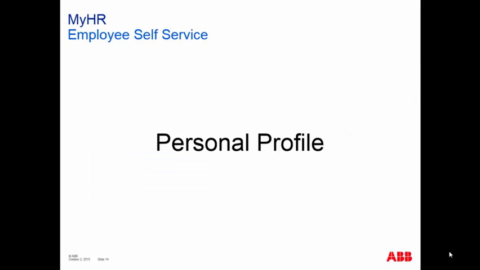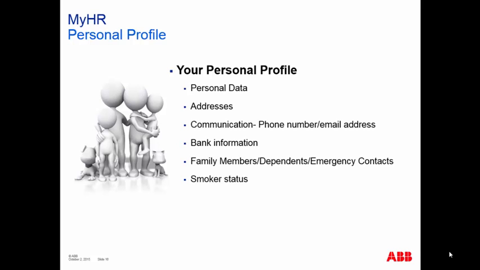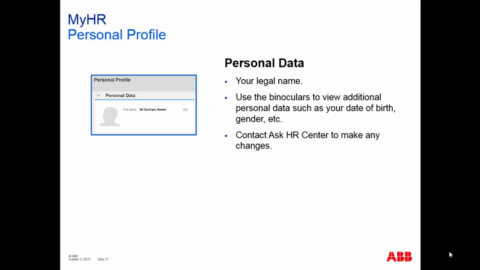So now we will discuss your personal profile. Your personal profile contains information about you. Information such as your address, communication information, bank information, family members, dependents, emergency contacts, as well as your smoker status. Personal data is contained within your personal profile.